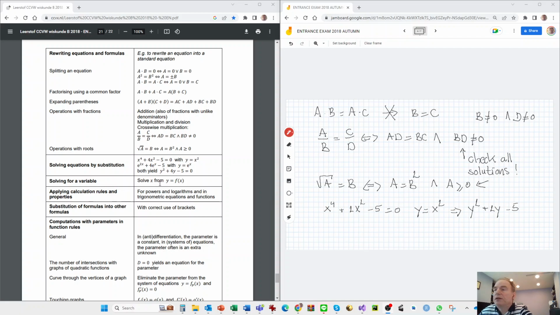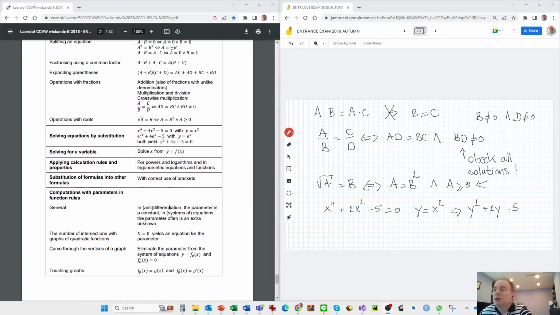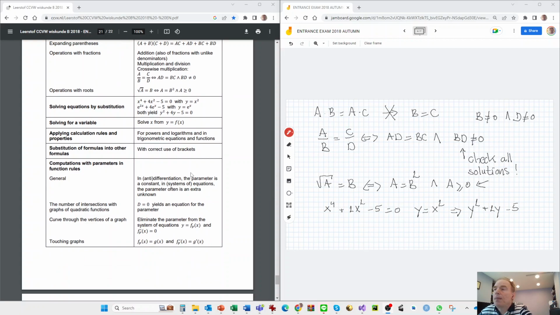Okay, solving for a variable, applying rules, substitution, anti-derivation. You always need to be aware that for the antiderivative or the primitive of a function, you can always add an arbitrary constant to it. Have not seen this often as a problem though.